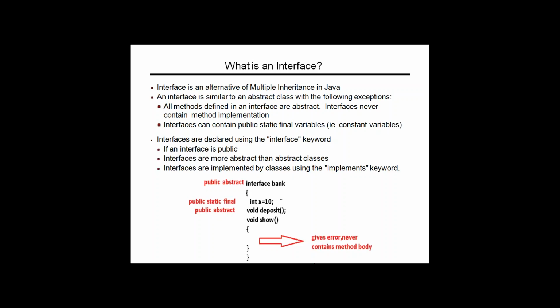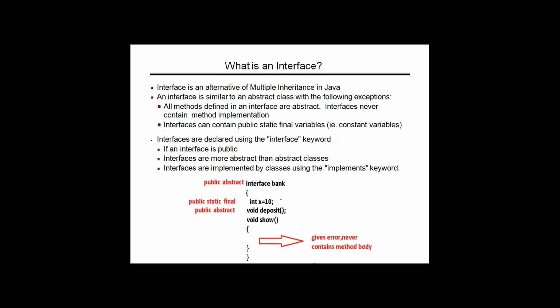In the case of method void deposit, by default the method is public and abstract. No need to write the abstract keyword here. By default all the methods of an interface are abstract, and we can't define the body of a method in the interface. It will give an error, as there must never be a body in the interface.